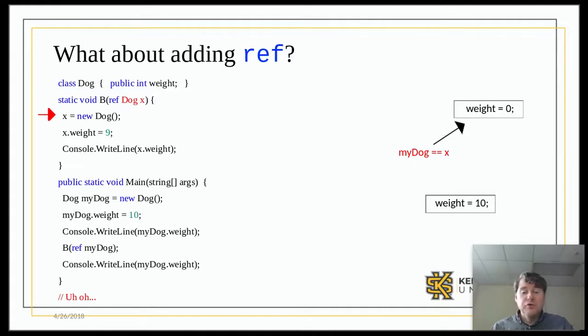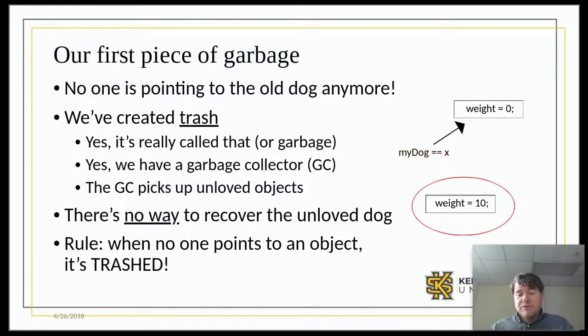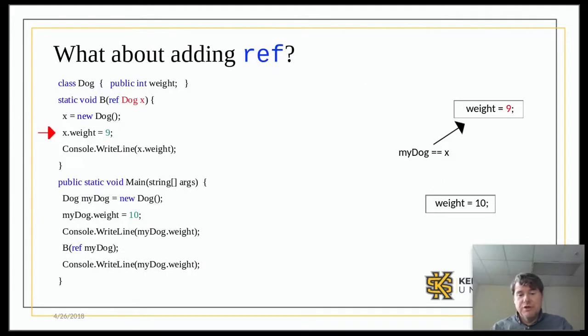I now have a whole new dog. So just to be clear, in this case with the reference, because they are actually the same reference or the same pointer, we're not going to use the word pointer because it's scary, but they are effectively arrows or pointers to a blob of memory. Because I updated it, I am going to break the connection to the original one. That's what happened when I did new dog.